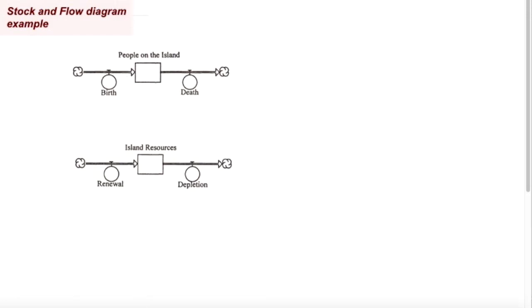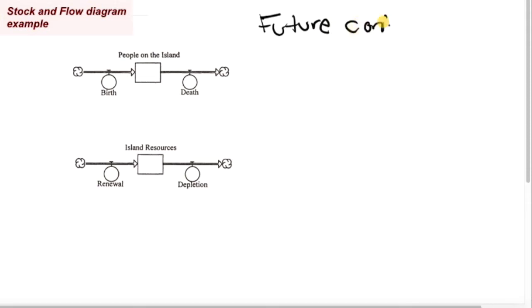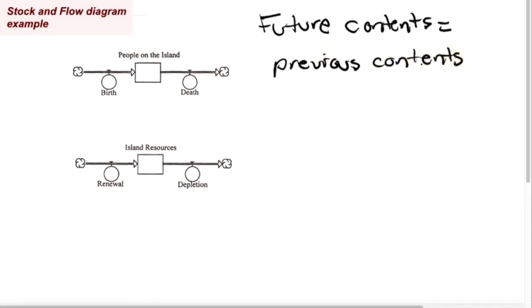So what I'm trying to explain to you, the meaning of the change over time, is that the future contents equals previous content plus all inflows minus all outflows.